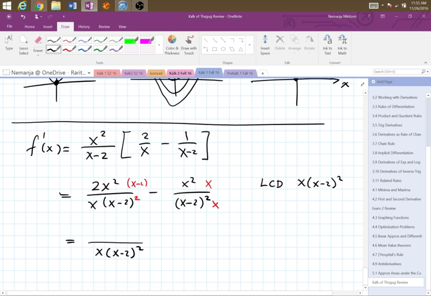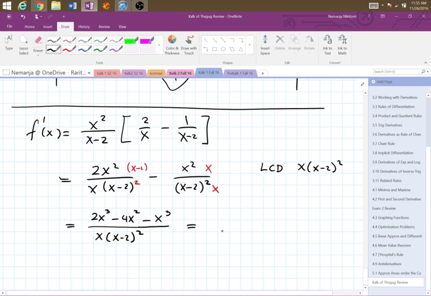When I FOIL the top, I get 2x squared minus 2x cubed minus 4x squared minus x cubed, which further gives me 1x cubed minus 4x squared.